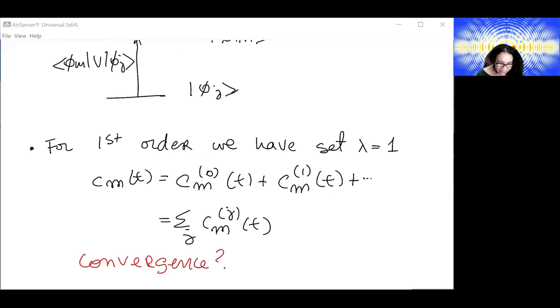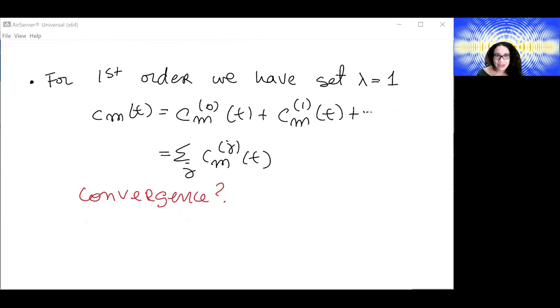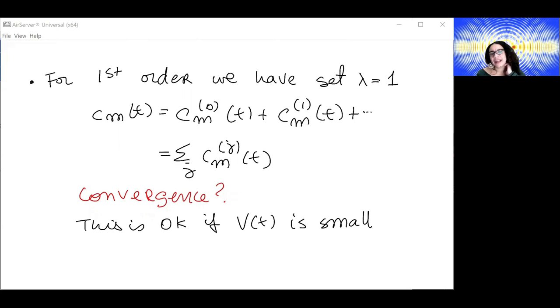A little bit. But what is going to happen is, this is okay if V(t) is small, which is actually the key idea behind a perturbation.